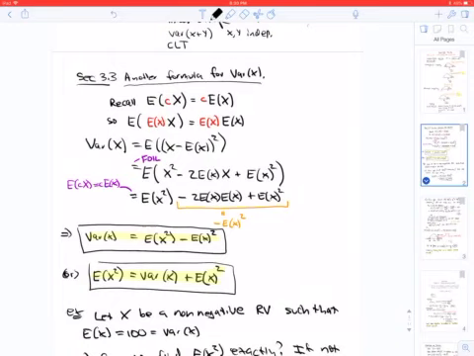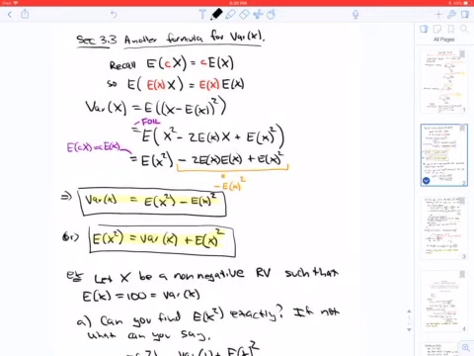So the variance of x, writing that as the expectation of the deviation squared, if you just FOIL and distribute the expectation, you'll see that you get the expectation of x squared minus 2 times mu times the expectation of x, plus mu squared. So we have a cancellation, and we just end up with the variance of x is the expectation of x squared minus the mean squared.